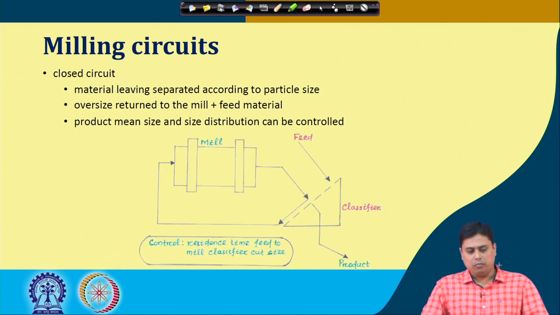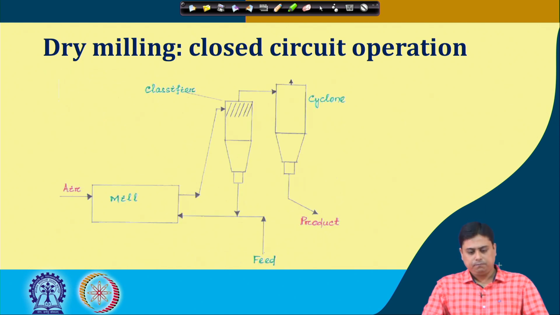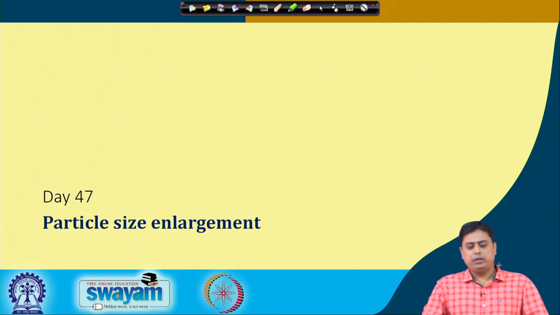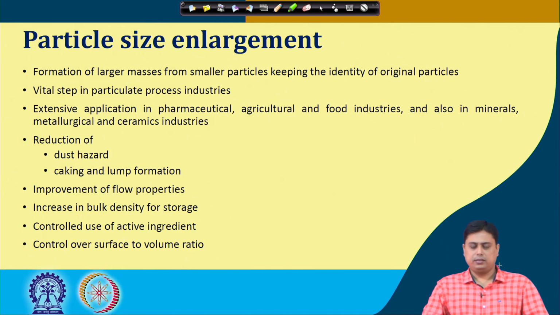What is the milling circuit, that means how this size reduction operation happens, and then we introduced the size enlargement techniques, that in addition to size reduction, size enlargement is also essential in several industries, particularly in the pharmaceutical, agricultural or food industry, and sometimes also minerals and metallurgical as well as ceramic industries.